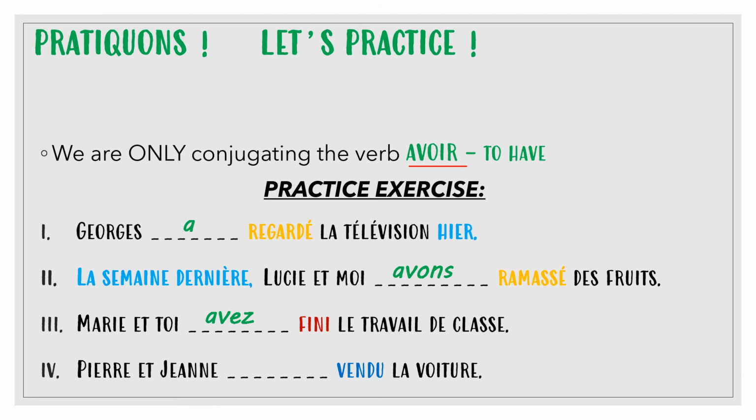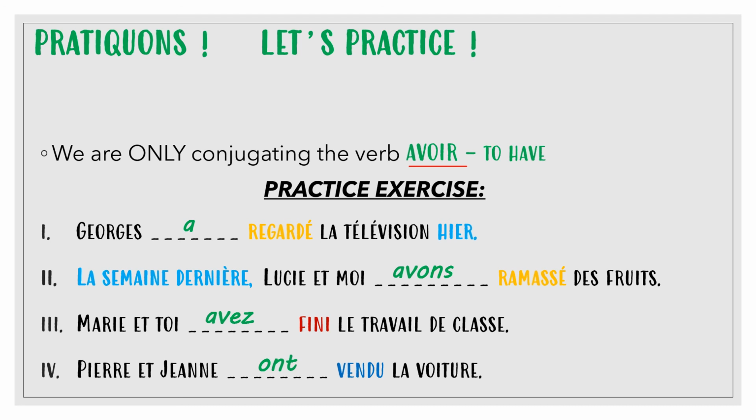Ils ont vendu la voiture. So Pierre et Jeanne ont vendu la voiture. And we see here that this one has a U. So we know that vendre, well, I just said it, it's an RE verb. Vendre, to sell. So this one must have been an RE verb. We dropped the RE and we added a U. Vous êtes là avec moi? Are you there with me?